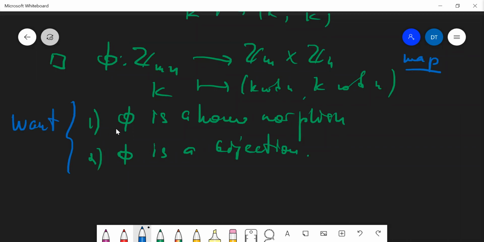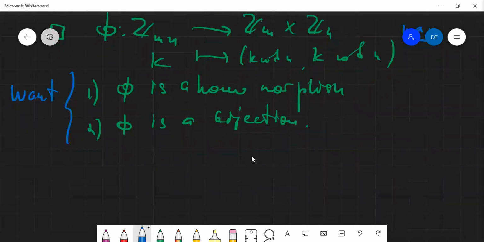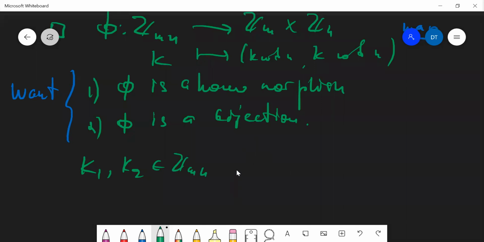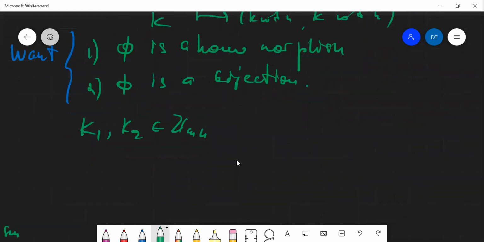First, I want to check that phi is a homomorphism, that the map preserves the operation. But this is a straightforward computation. Let k1 and k2 be from Z_mn. Then take k1 plus k2 modulo mn and apply phi.